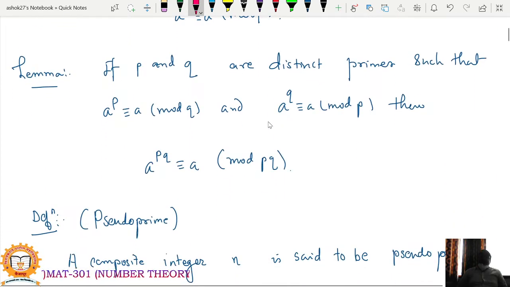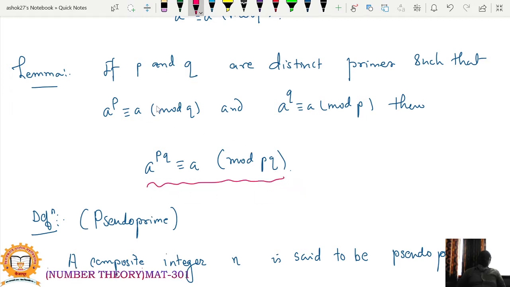So next lemma: if p and q are two distinct primes, such that a raised to p is congruent to a modulo q and a raised to q is congruent to a modulo p, then a raised to p into q will be congruent to a modulo p into q.